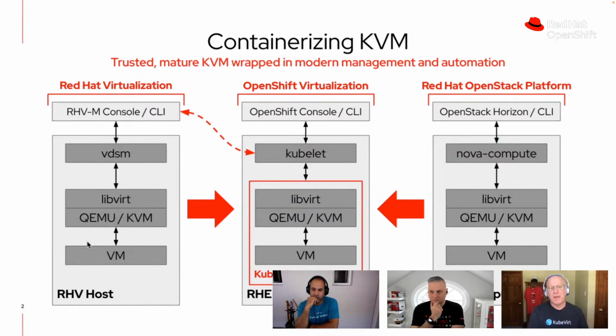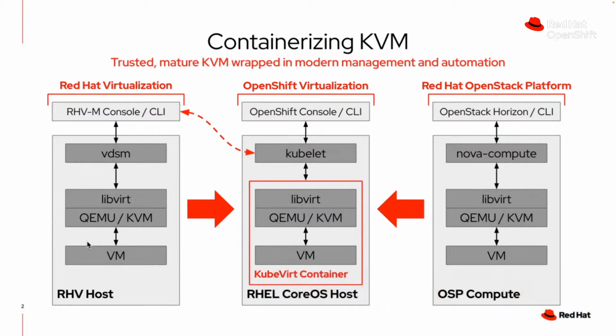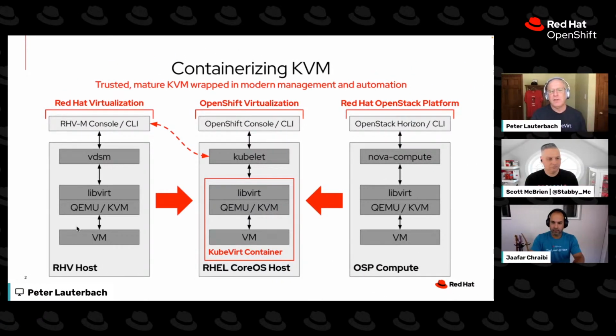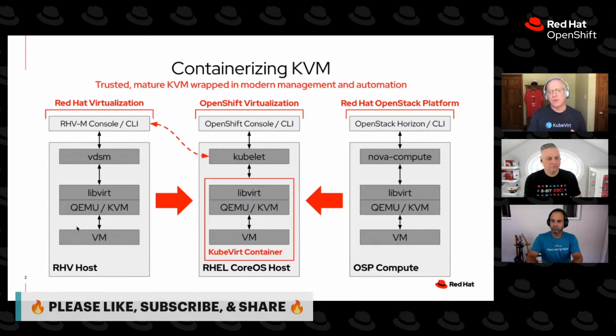So we kind of skipped over the management part, right? Because the management layer is really the different piece, right? So in OpenShift, you've got this kubelet that's running the node, but then there's CRDs, right? So custom resource definitions for the virtual machines that Jafar was showing earlier in the UI, and that actually controls what a VM looks like, right?